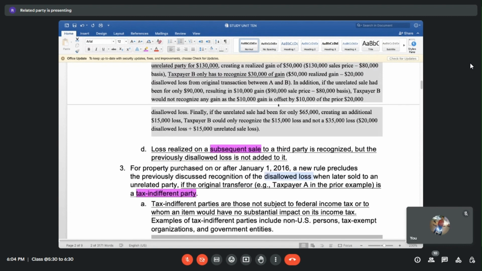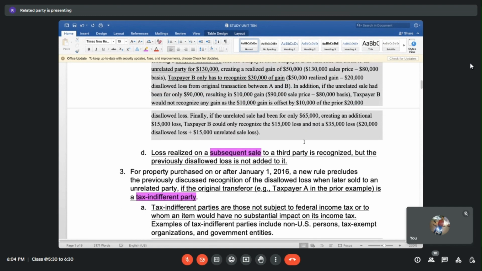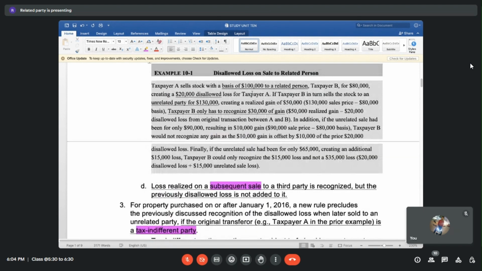Like here, A is selling to B for 80,000 and making a 20,000 loss, but A is not able to claim that loss. This is a clear disadvantageous situation for A. But if A is a tax indifferent party, meaning A is anyway not paying any taxes, it doesn't matter to A. He's saying, fine, I don't care even if I make losses, whatever I'm doing is completely tax exempt.